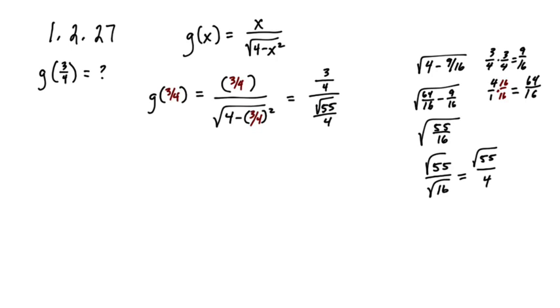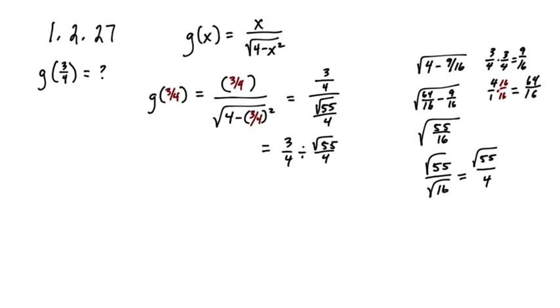So we have 3/4 over the square root of 55 over 4. We can think of this as a division problem. It's actually called a complex fraction because it's fractions within fractions. But we're going to think of this as division. So we'll write this as 3/4 divided by the square root of 55 over 4.